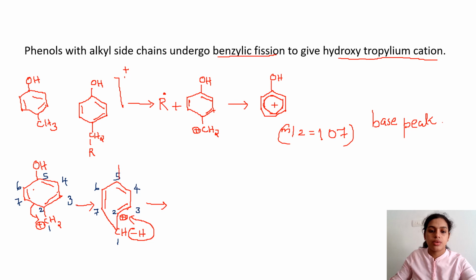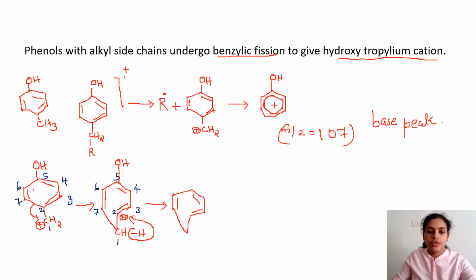Sorry, I forgot to give the OH group here. And now the bonds' positions are like this. What is the condition now? It is here, it is downwards, and here is another bond, and there are 3 bonds, 5 bonds, no problem.